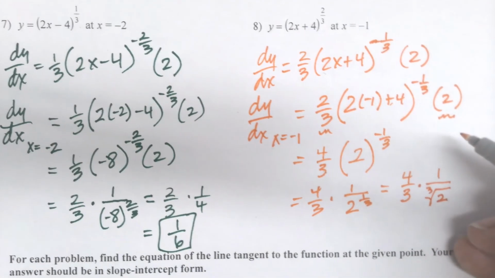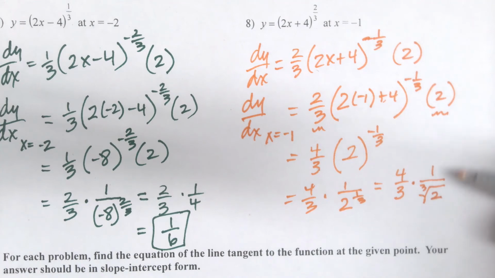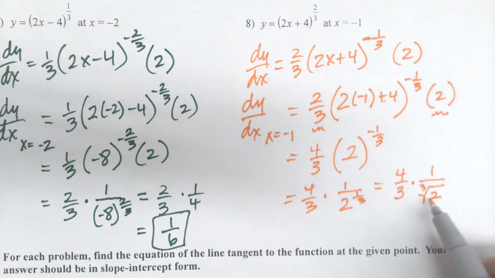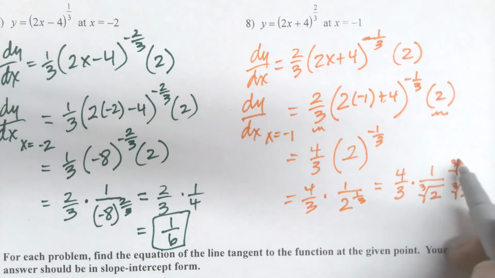So when I'm simplifying this, it may have been a while since you've done stuff like this, I need to rationalize the denominator. Well, this is a cube root, so I need to have three 2's in order to rationalize this denominator. So I'll multiply by the cube root of 2 squared on the top and on the bottom.